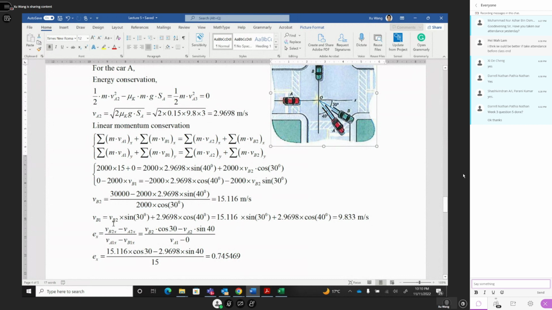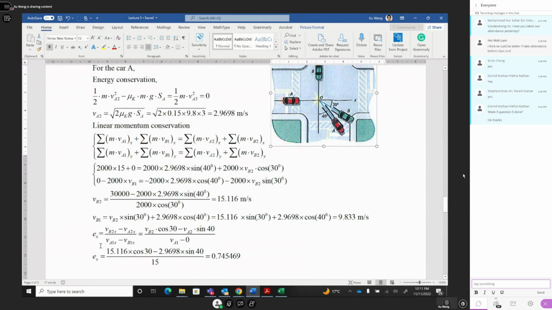That's why you get VB1 equal to VB2 sine 30 degrees plus 2.9698 cosine 40 degrees. With VB2 equal to 15.116, sine 30 degrees plus 2.9698 cosine 40 degrees, you can calculate 9.8833. That's how you calculate VB1; we get the result.